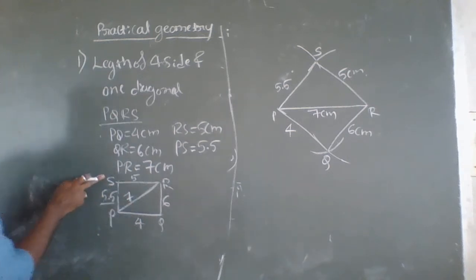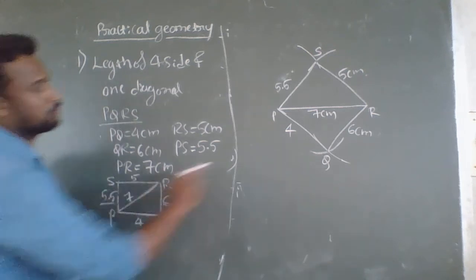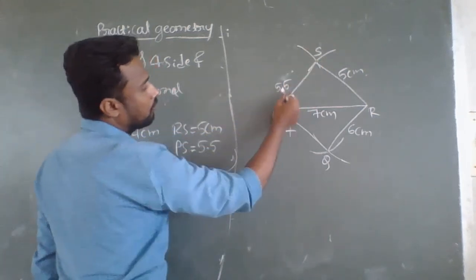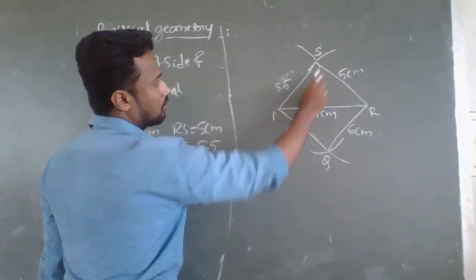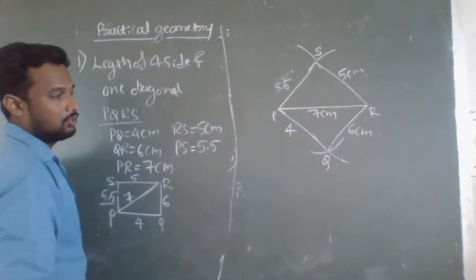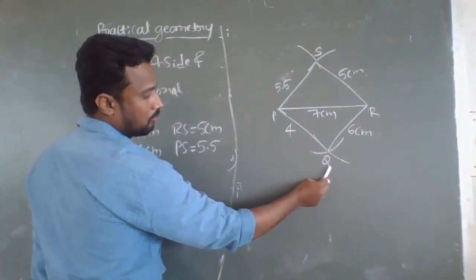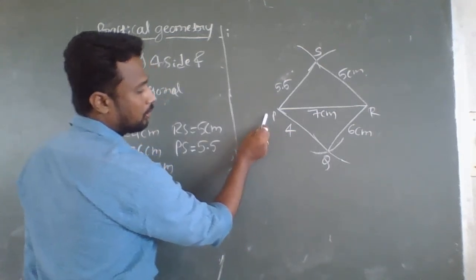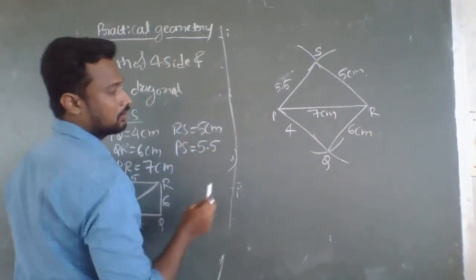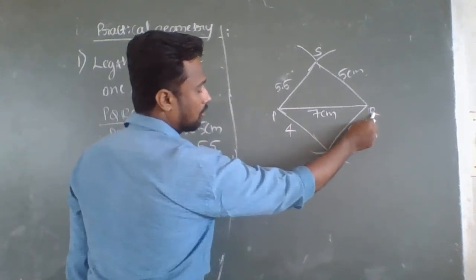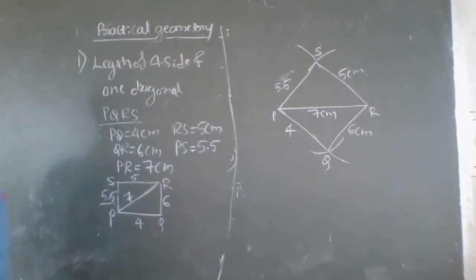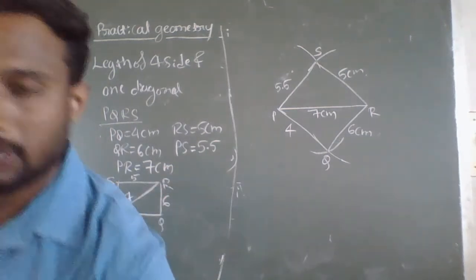From P, S is 5.5 centimeters, so first draw an arc of 5.5 centimeters from P, and 5 centimeters from R. Now we got the point S. Like this only we will get point Q, which is 4 centimeters from point P and 6 centimeters from point R. Okay, so this is the first example.